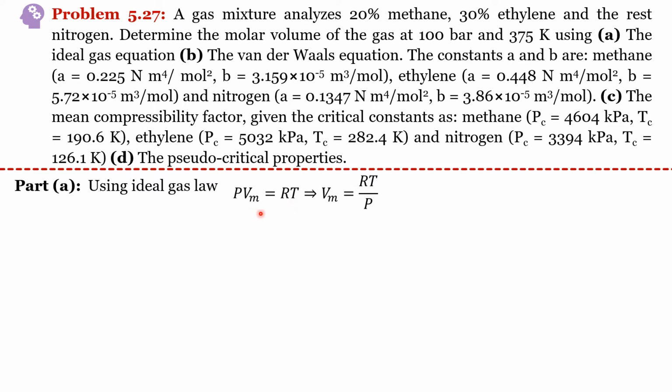Here Vm is molar volume, meaning volume per unit mole. Further, we can write molar volume equal to RT by P. In the problem, temperature and pressure are given, so we can find the molar volume. After putting in all values, we will get the molar volume.